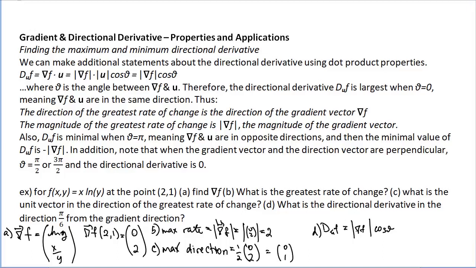So in this case, the magnitude of the gradient of f, we know at our point, is 2, and cosine theta is just cosine pi over 6. So that's 2 times rad 3 over 2, which of course is just rad 3. And if you want an approximate value, that's about 1.7.